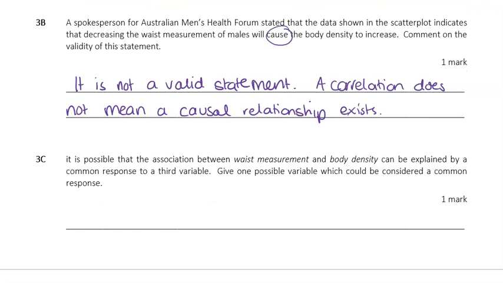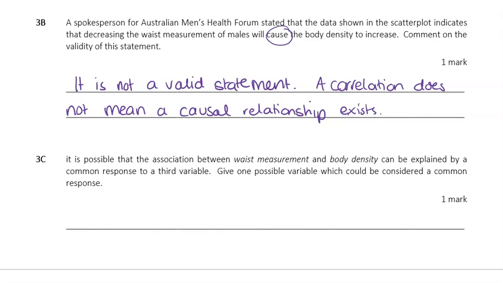And finally, 3C, it is possible that the association between waist measurement and body density can be explained by a common response to a third variable. Give one possible variable which may be considered a common response. So there are many possible answers here. It may be exercise, it may be food consumption or energy consumption, it may be energy expenditure, it may be height, it could be age.